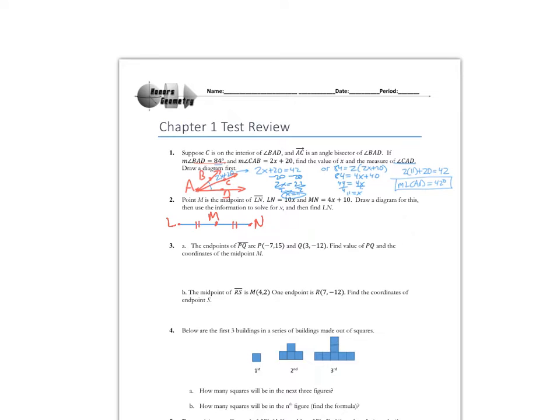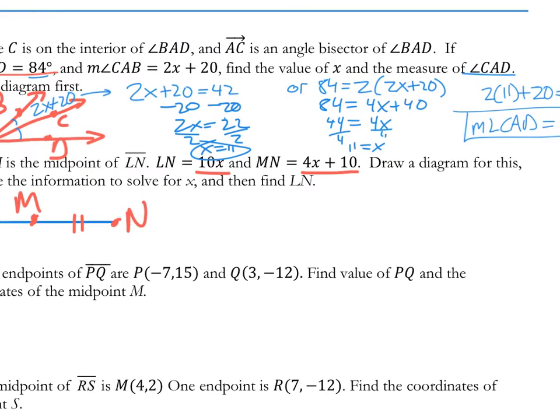All right, so now we know that the whole thing is 10x, and we know MN is 4x plus 10. So 2 times the MN, 4x plus 10, because MN is just half of it. So we have to double that to get the whole. So the 2 parts add up to the whole is the key there.